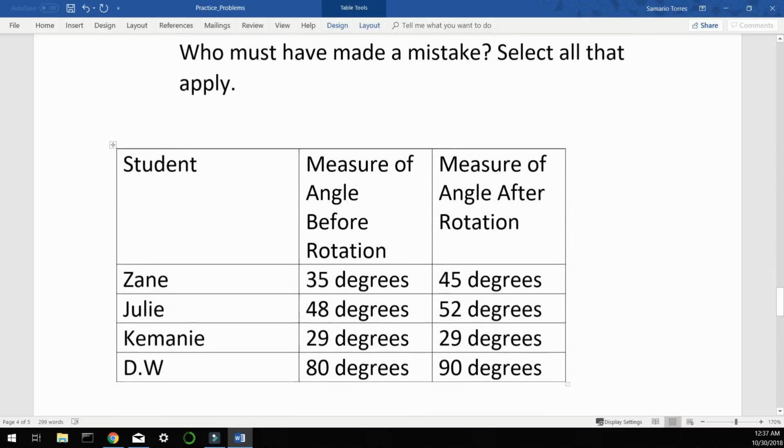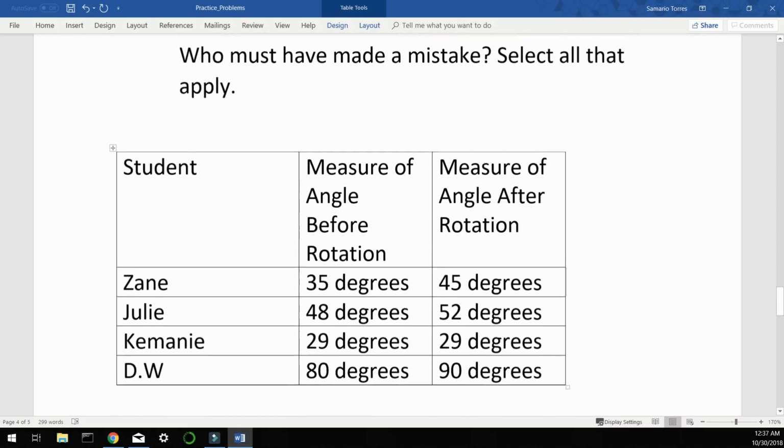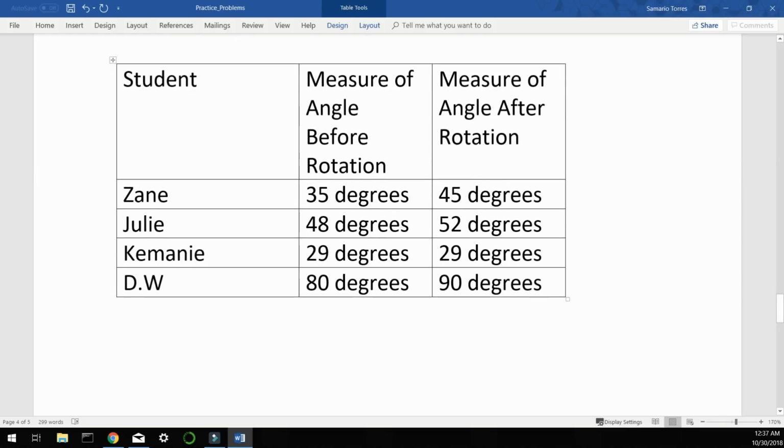So now let's look at the question. The question is saying, who must have made a mistake? Select all that apply. So it's going to be more than one. It's going to be the people who changed the measure of the angle, because the measure wasn't supposed to change.